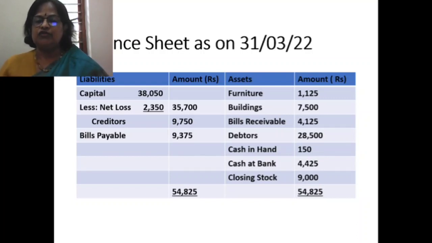Buildings 7,500. Bills receivable 4,125. Debtors 28,500. Cash in hand 150. Cash at bank 4,425. Closing stock 9,000. So total of the balance sheet is 54,825. So this is what I want to explain with this module.